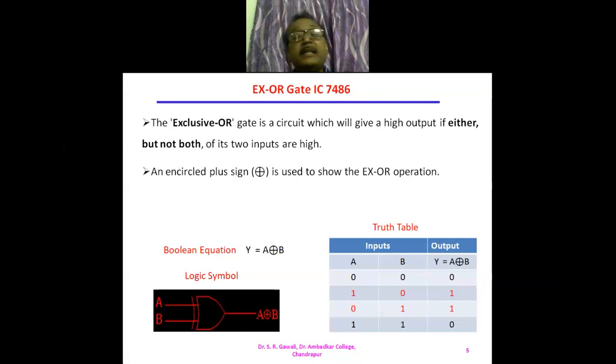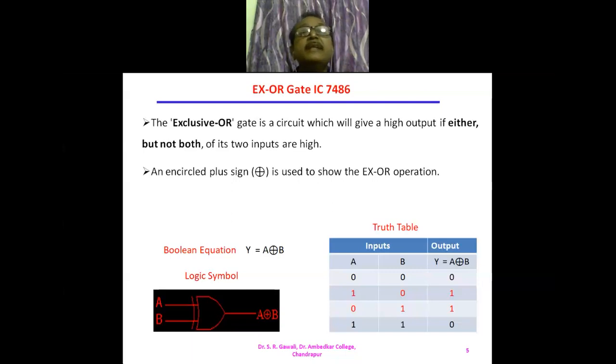There is one practical on this XOR gate, that is the half adder and full adder. I think you have written all this matter in your practical record, because I posted it 2 weeks before, and I told you to write all the matter of the practical in your practical record.